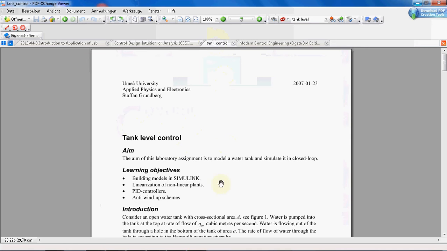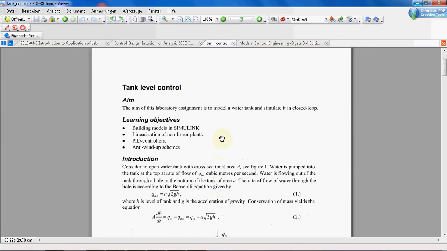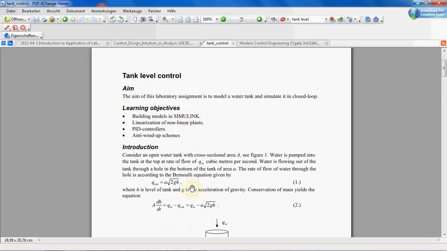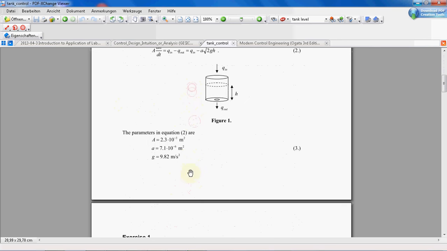Another article that I recommend you to read is Tank Level Control, written by this guy. I have to thank this person first of all. Then I have to say that this is a very good article.